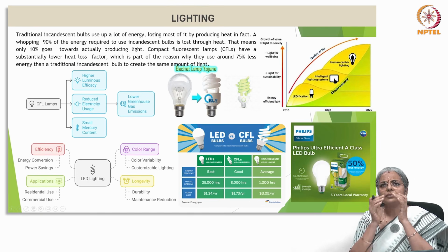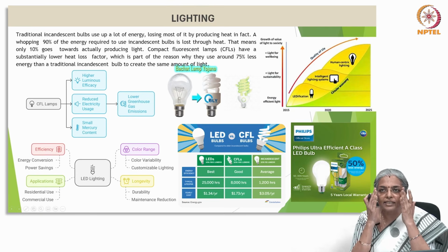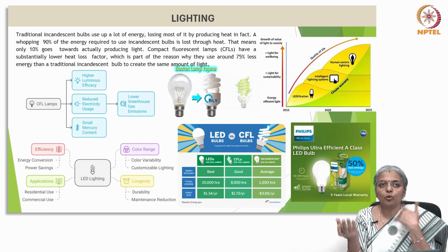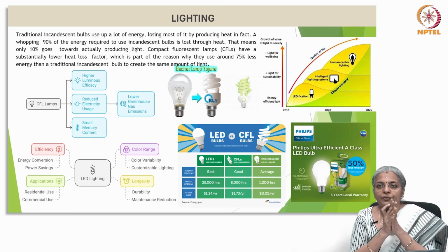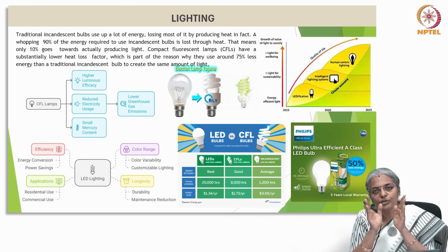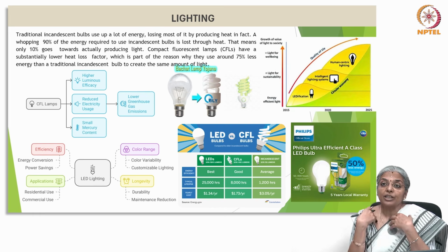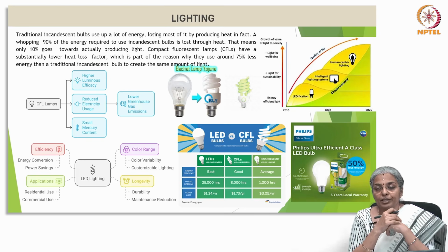Now, a traditional incandescent bulb can use a lot of energy, losing most of it through heat. Of course, we don't use incandescent bulbs anymore. We are not supposed to use incandescent bulbs anymore. But my generation knows incandescent bulbs, and CFL and LEDs were a new addition.